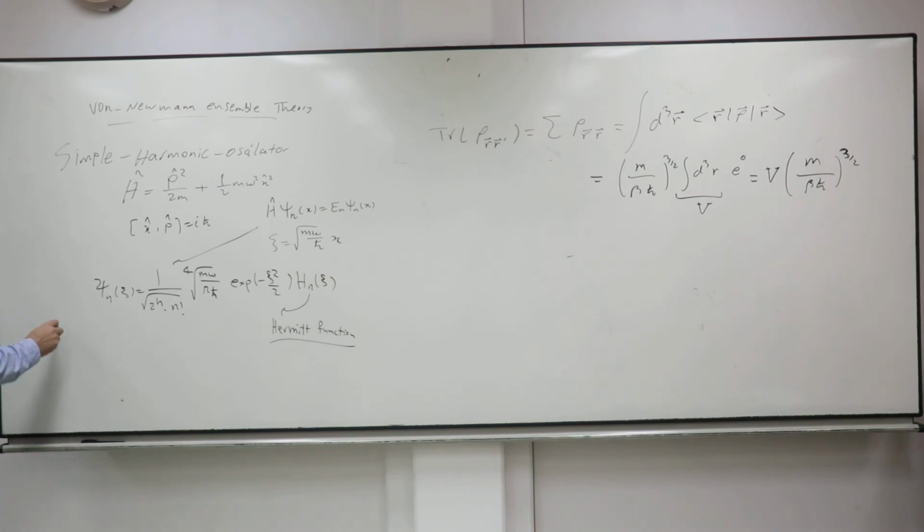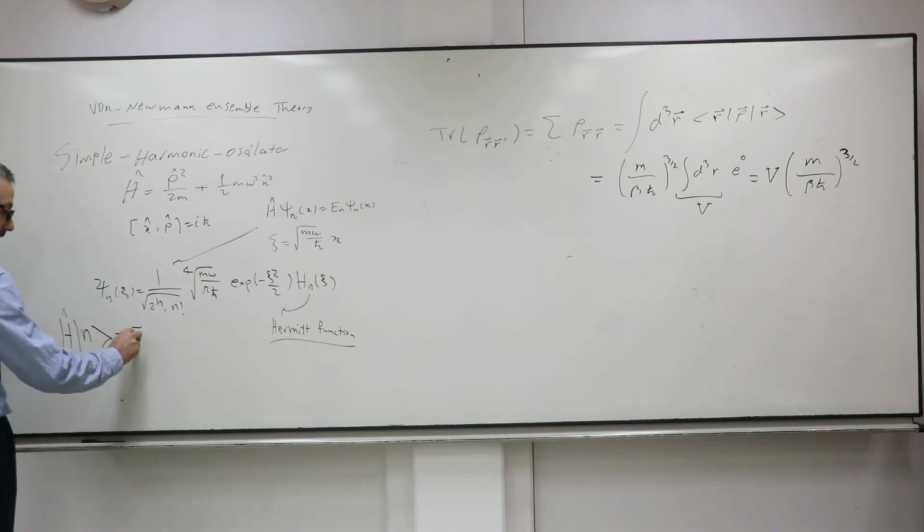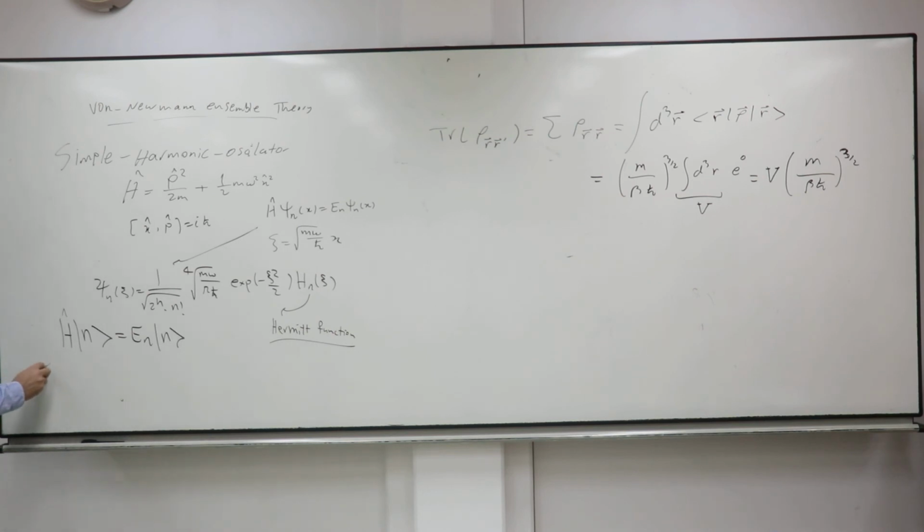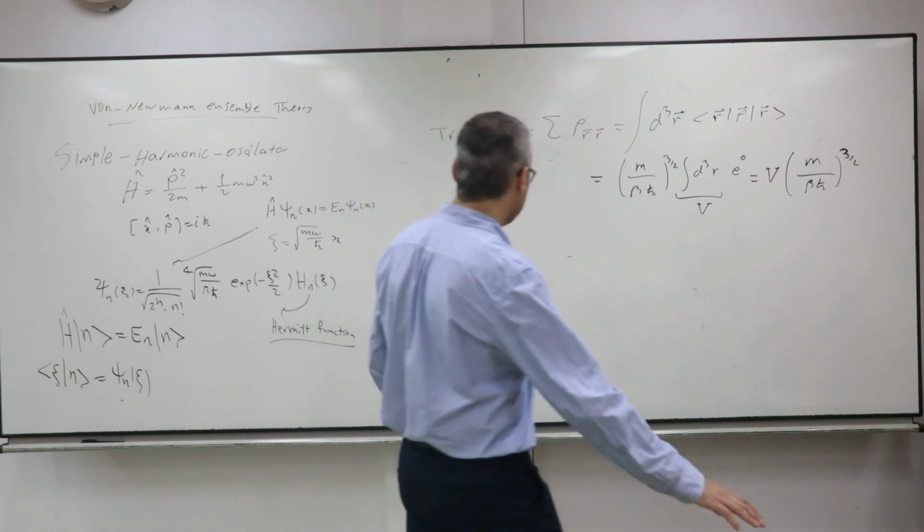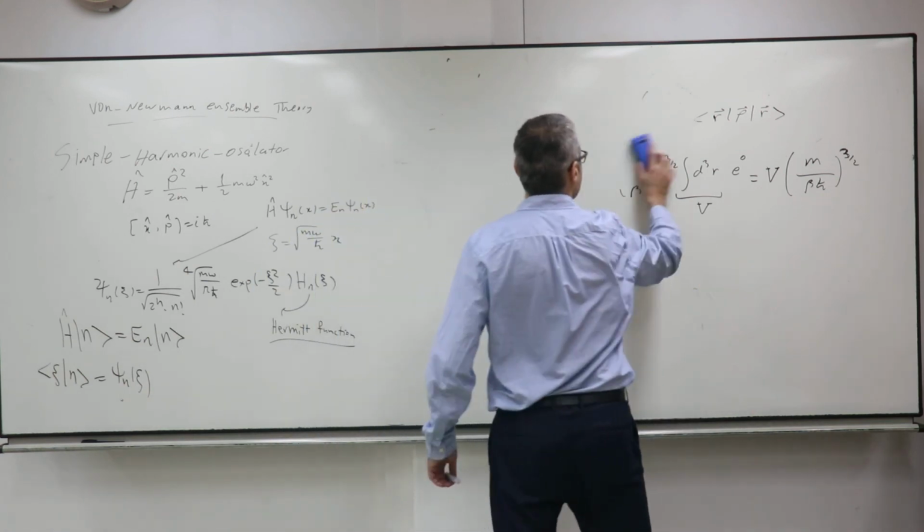The strategy is that we define a set of unit vectors for the harmonic oscillator, we call them ket n. Of course, if you multiply xi by ket n, you get this psi n of xi. But I want to work with this ket n. So what is the benefit?